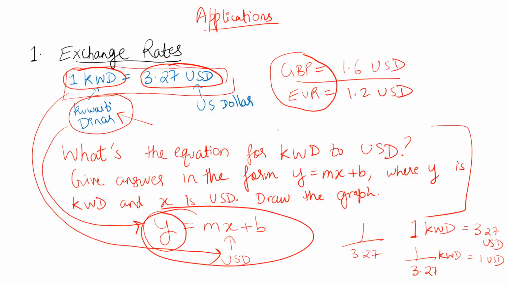And now how would I write the equation in this form? Would it be y equals the 0.305 then the 3.27? So 0.305 times 3.27, or like what comes after this, the x, right?